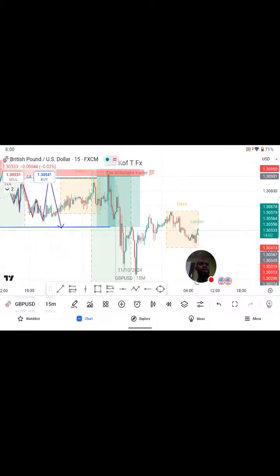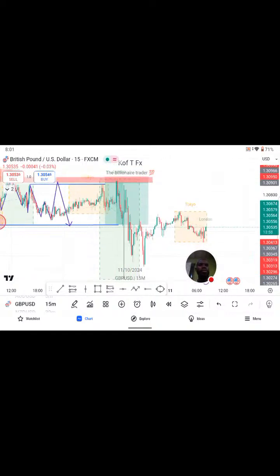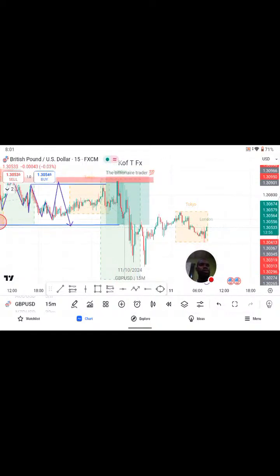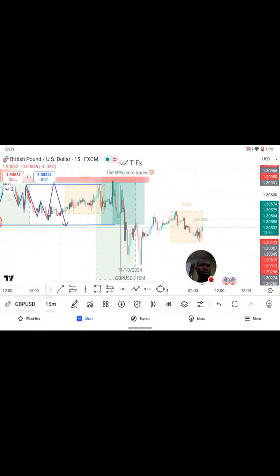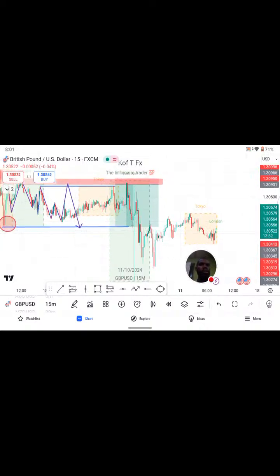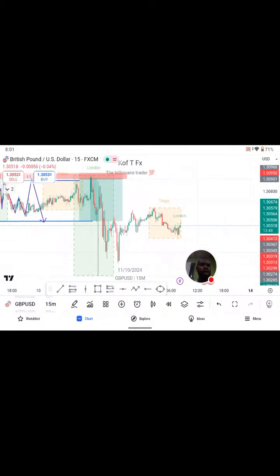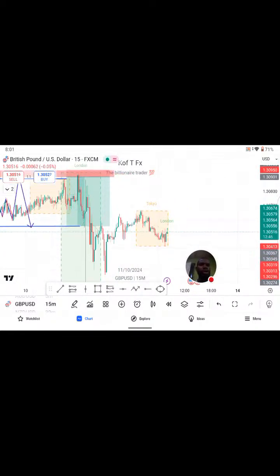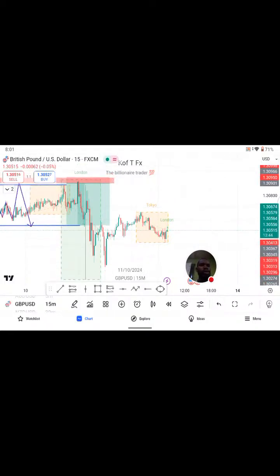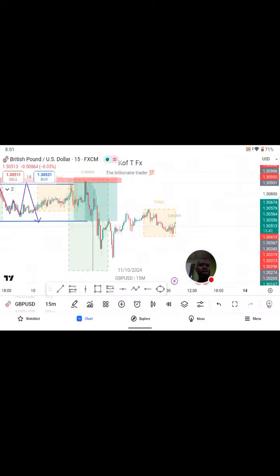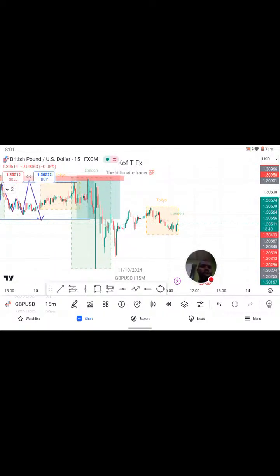So let's take a look at what we have on the chart to see what is likely going to happen. As it is right now, let me draw out the structure we have, and basically the structure I want to draw is an internal structure. The actual structure starts from this high, the last high we have here, to this last low.